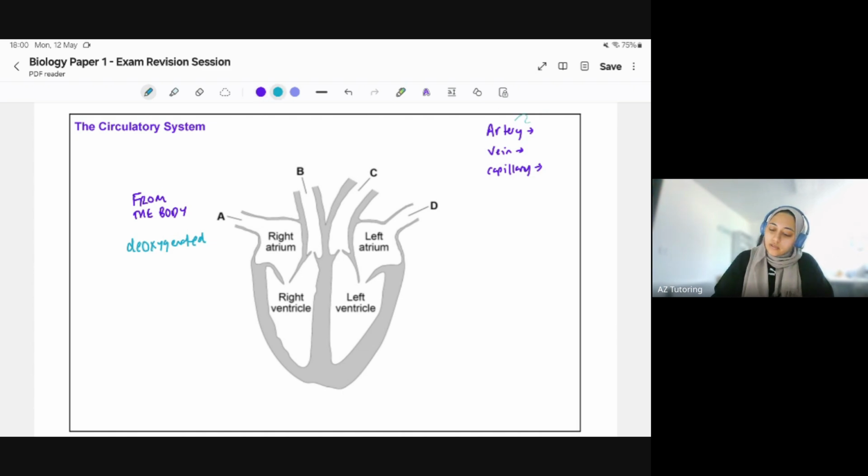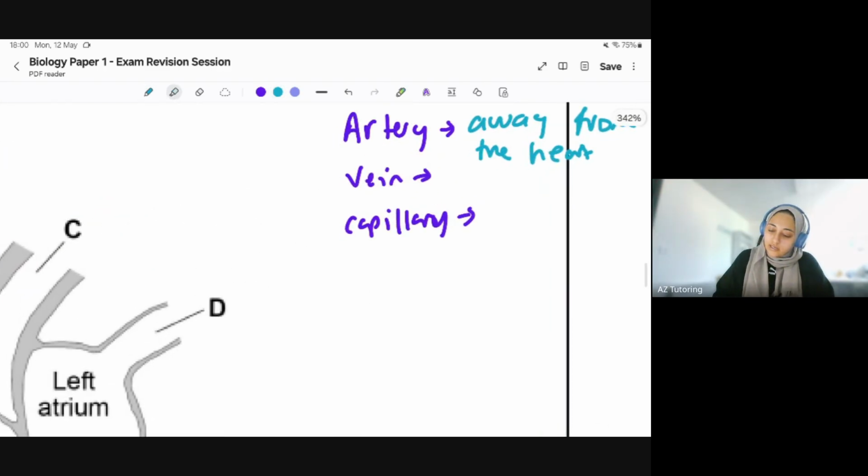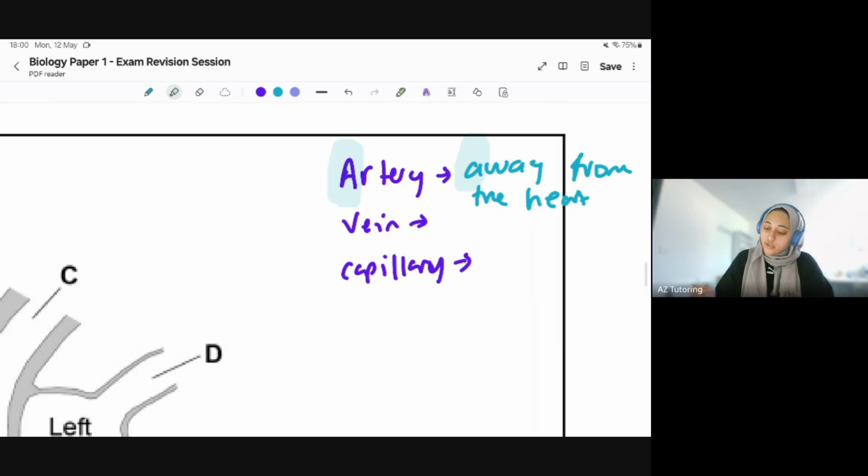So artery takes blood away from the heart. And the way you can remember that is the A in front. So artery takes blood away from the heart. For the vein, it takes it to the heart, so just the opposite. And the capillaries is what joins these together, and it's also where the gas exchange will happen.